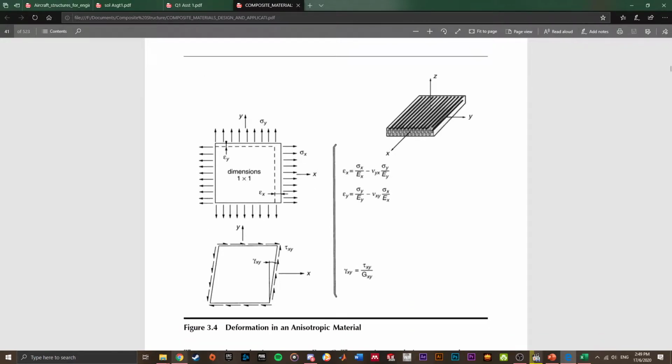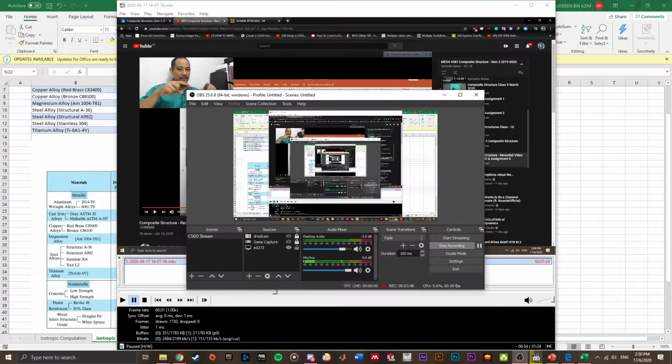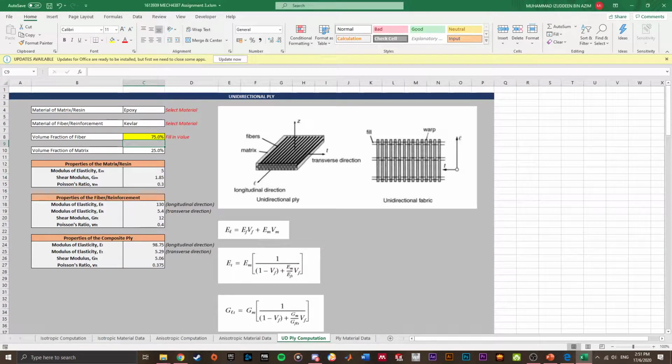Next one, I will talk about the Poisson ratio. Poisson ratio is basically the ratio of the transverse over the longitudinal strain.